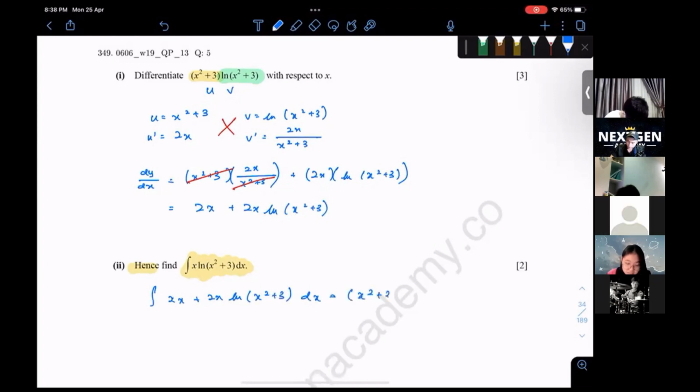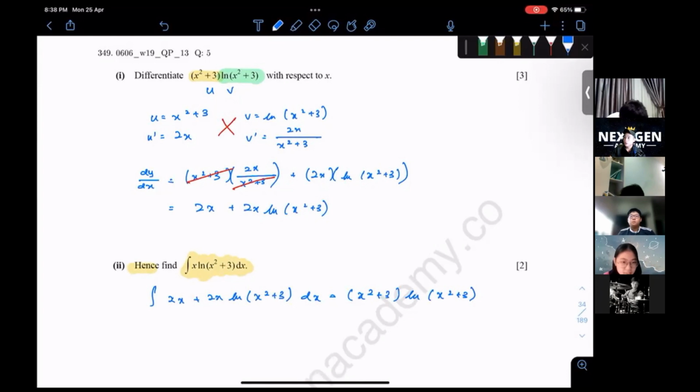Okay, that will be the first step. And then? And then I factorize the 2 out. Factorize the 2 out from which one? The left-hand side? Yeah.